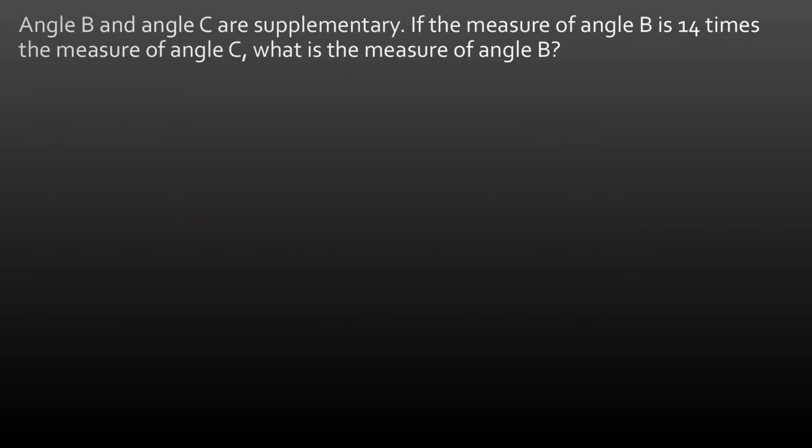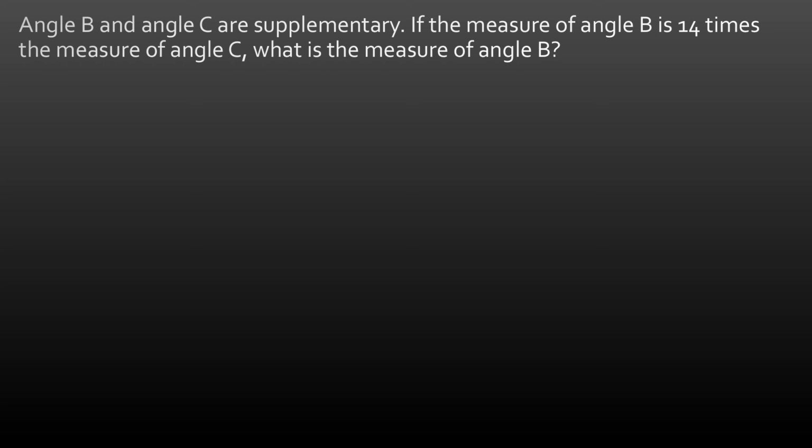Our next question is the same exact setup. It says that if the measure of angle B is 14 times the measure of angle C, what is the measure of angle B? So I am going to be asked, well, what is this angle measure B here?